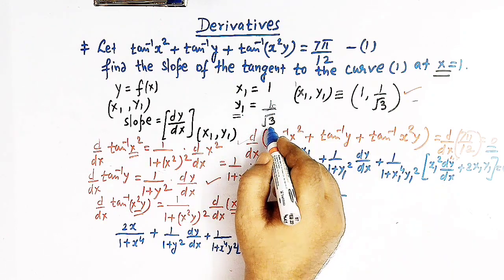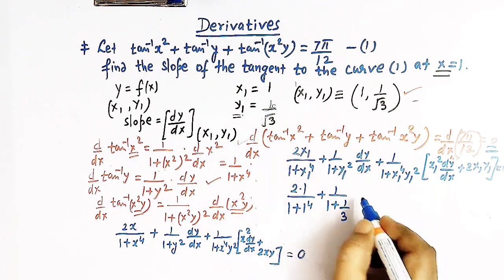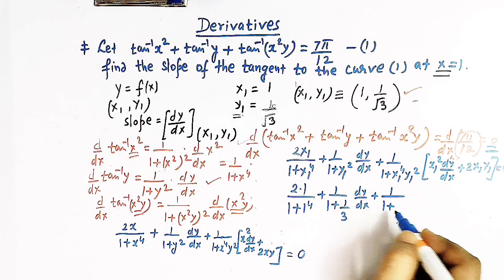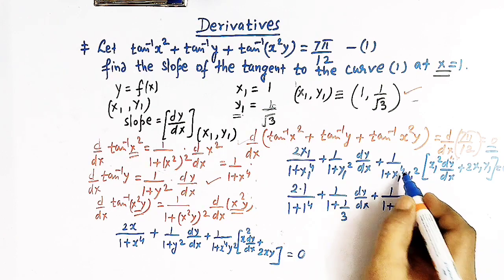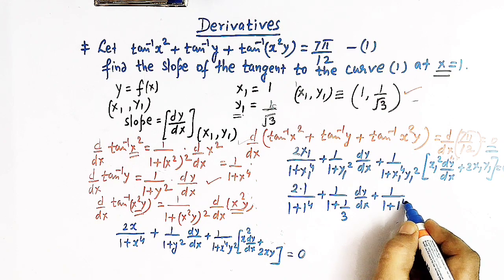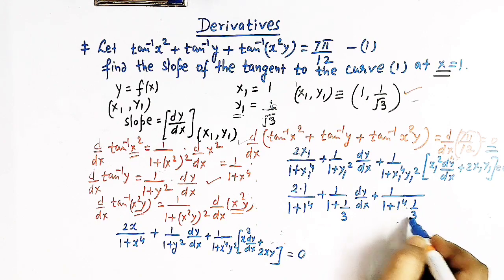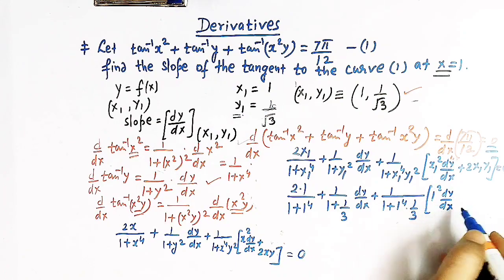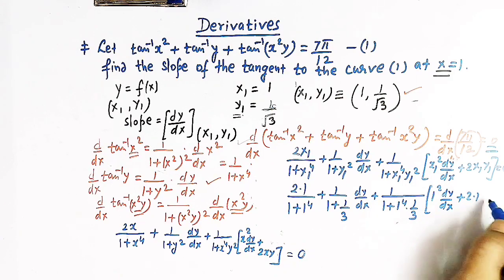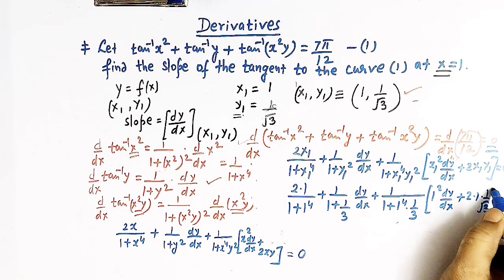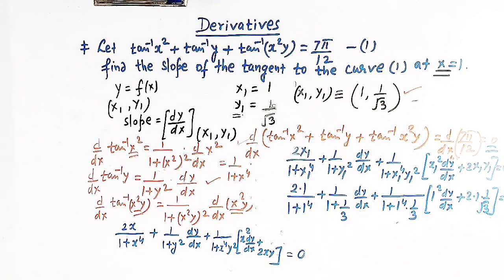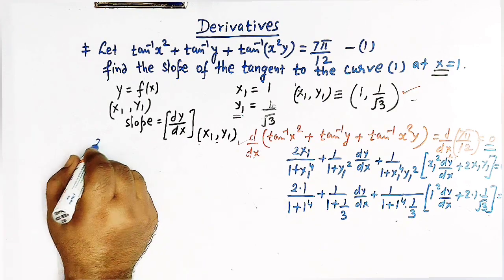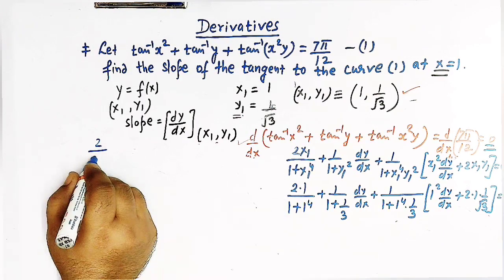Y1 is 1 over root 3, so the square is 1 over 3. Here we have dy over dx, and then 1 over 1 plus x1 raised to 4 is simply 1 over 1 raised to 4, and here we have 1 over 3. Then we have 1 square dy over dx, and here we have 2 times 1 over square root of 3, that is equal to 0. So now we have here 2 over 1 plus 1, that is 2.